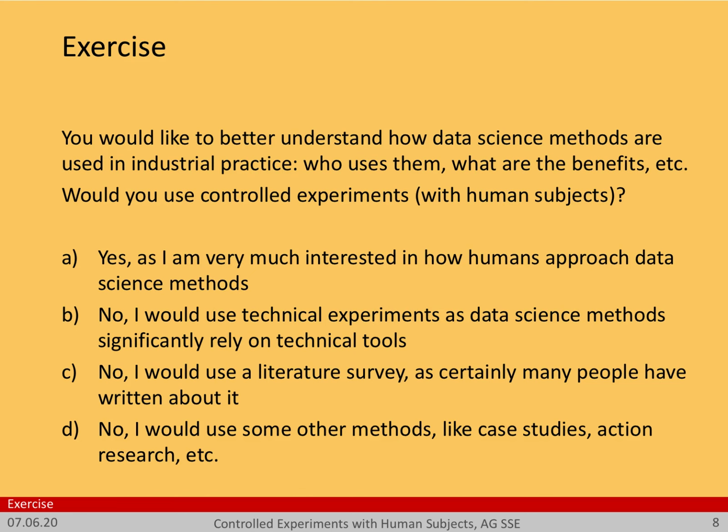Okay, welcome back. So let's discuss now each of the 4 options in turn. The first one sounds promising. Yes, I'm very much interested in how humans approach data science methods, therefore I would use controlled experiments. And well, controlled experiments are about humans. And I said one of the differentiating factors is we want to have human subjects and the impacts on humans as a basis.